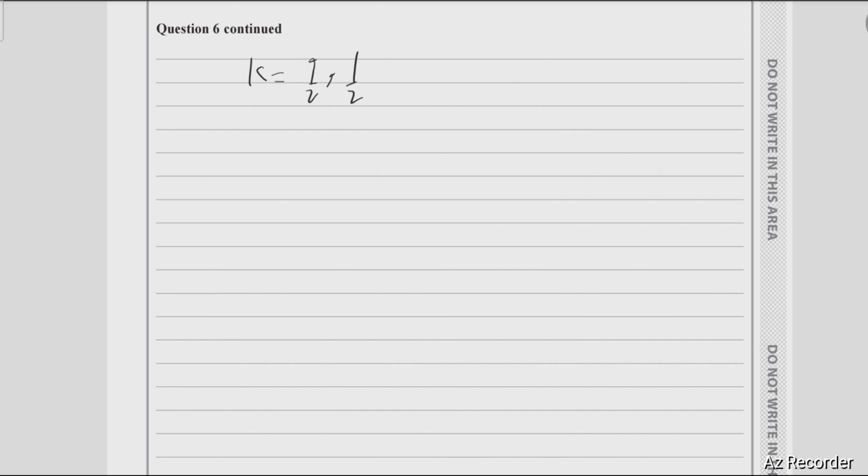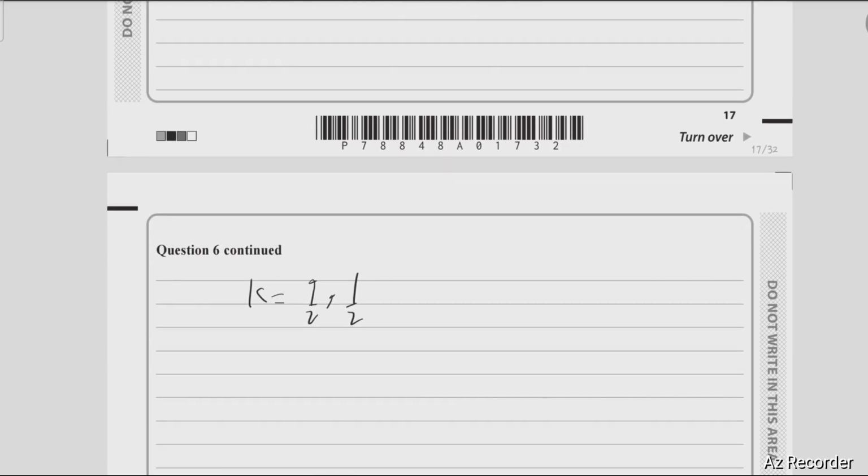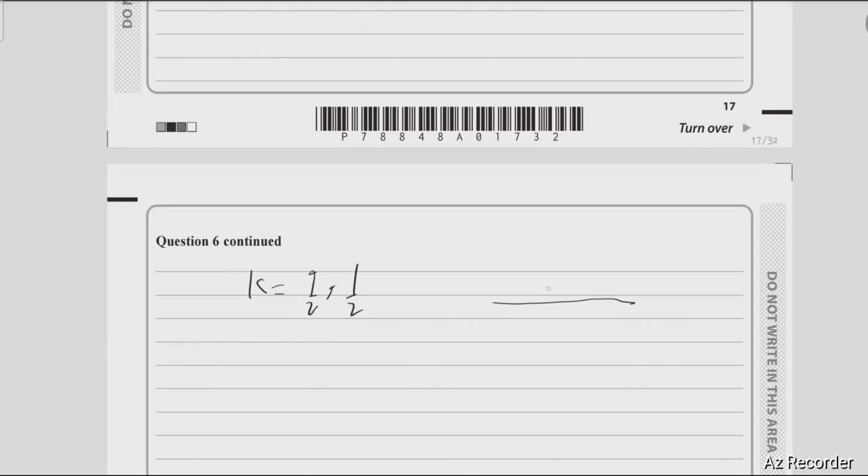We are not done yet. We still have to find the range. Now, because the coefficient is positive, we can sketch a parabola. That's 9/2, and that's half.